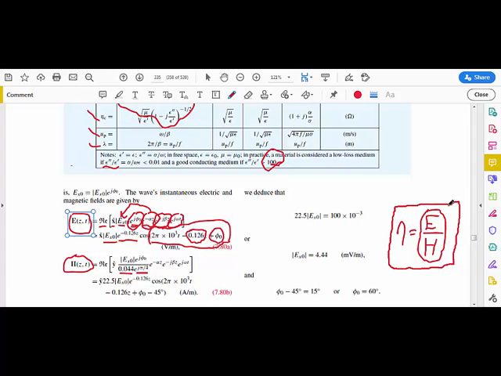Otherwise this should be complex. That means the oscillation of the magnetic field may lag or lead the oscillation of the electric field. That means there is a time delay between the oscillation of both of them. Maybe the electric field leads and the magnetic field lags.